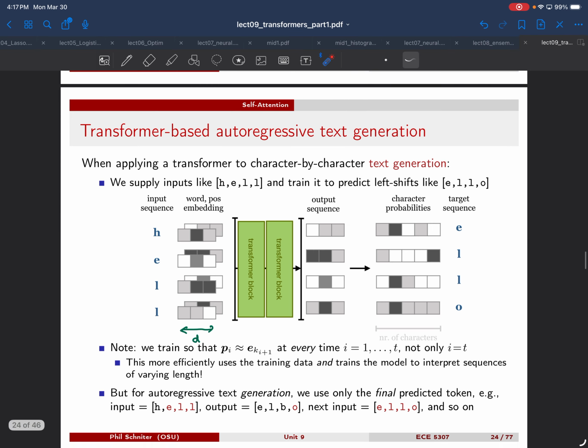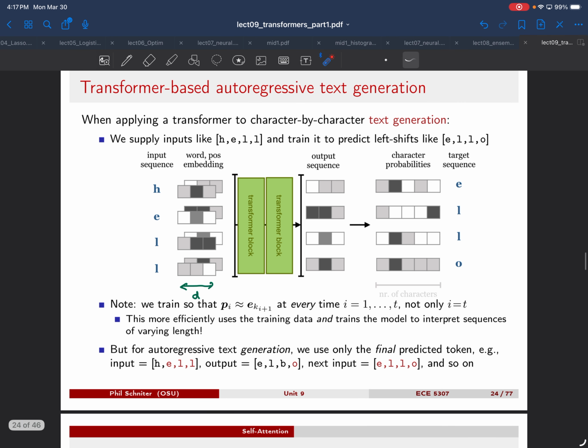Okay, so let's talk a little bit about how you train it to do autoregressive text generation. So each one of these is one of those processing stages, and you start with your input sequence. Let's say the overall goal is to predict the next letter, which is probably going to be O. It could be a space as well. And so what you do, as we talked about, is convert these tokens to embeddings of length D. We will talk about positional embeddings in a moment.